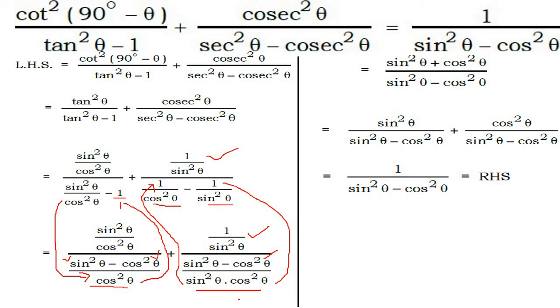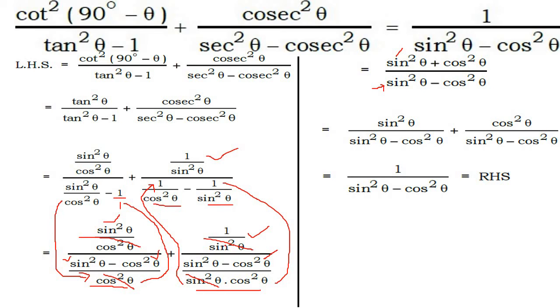Now we can cancel cos square theta and cos square theta, and sin square theta and sin square theta. Then what we will get? Sin square theta divided by (sin square theta minus cos square theta).